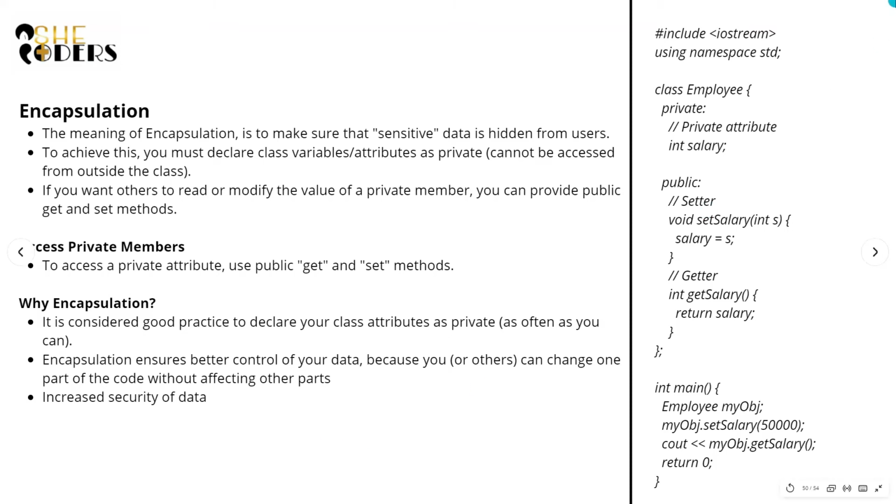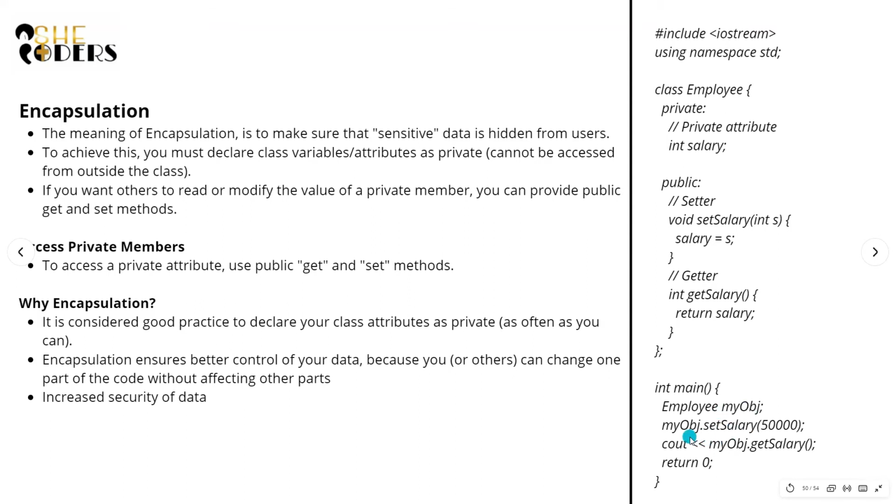Here you can see the employee class, and under the private access specifier there is a private attribute, integer salary. The salary is known to the employee and it is a private thing, so it is not visible to outside members, so it is encapsulated. If you want to read or modify the value of the private member, here salary, you can do it with getter or setter methods.